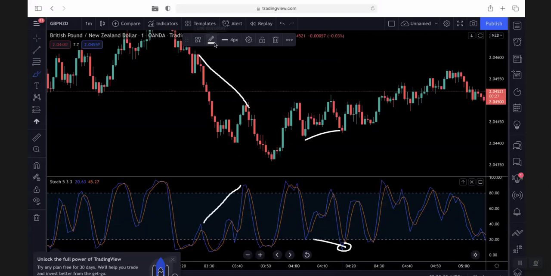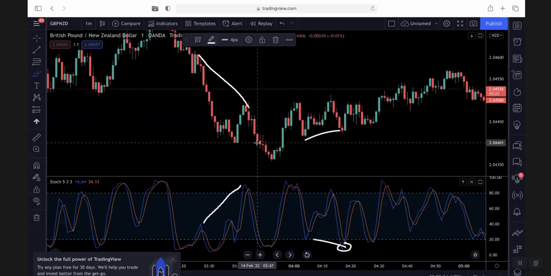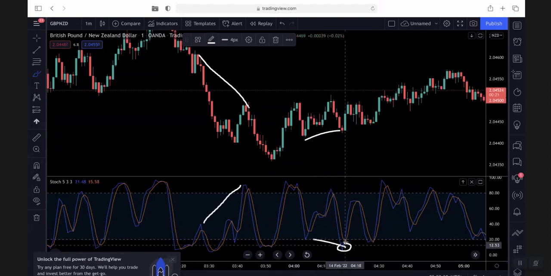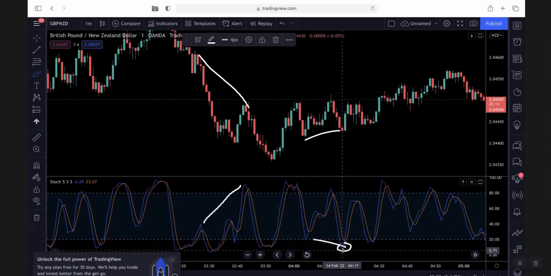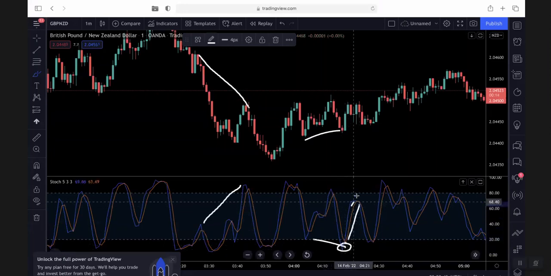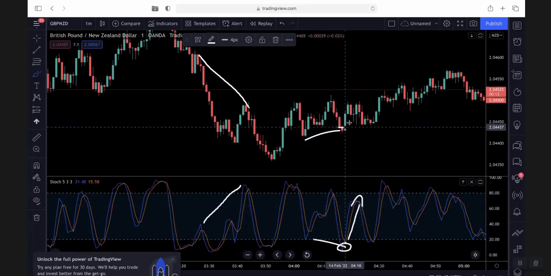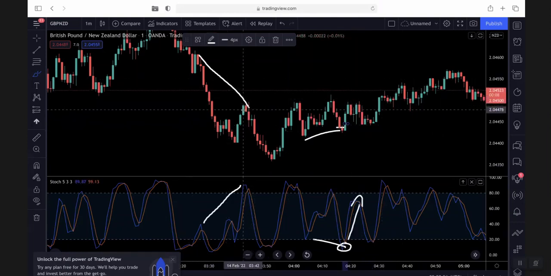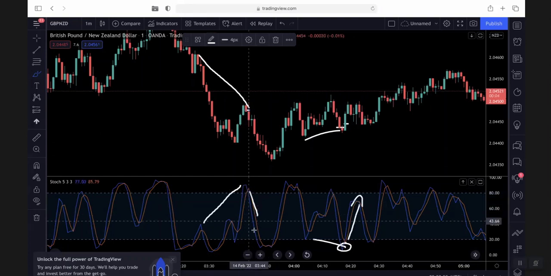That's why it is a very simple thing that when you get a divergence where the second point is at the oversold, you have to start buying on the main chart. And when you find overbought in the form of a divergence, you have to sell it. Simple as that. So you have to always tackle the opposite.